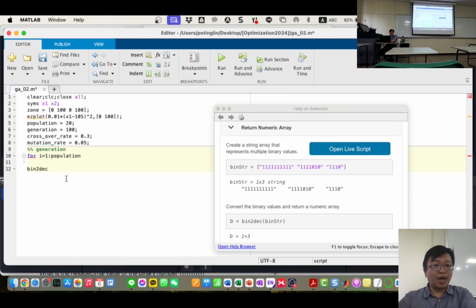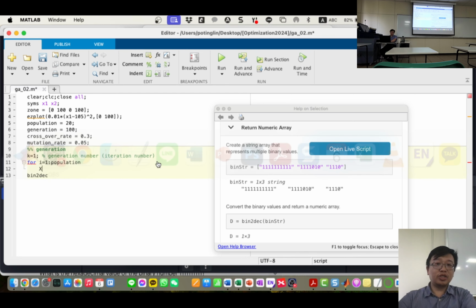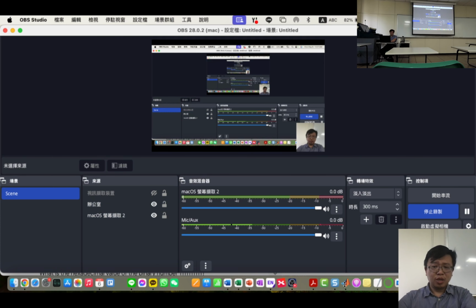I'm going to call my chromosomes X. And k equals 1. k is going to be my generation number, like an iteration number. Let me just double check some things.